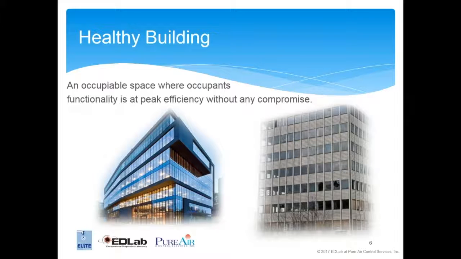What it means is that you do not feel, for example, that you are breathing the wrong air, the water is not good, or the light is too bright, or you are getting a lot of vibration due to noise. These are a few factors. That's why I said functionality is at its peak when you feel really comfortable and cozy. That's the healthy building in a nutshell.